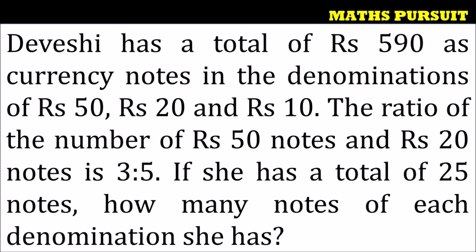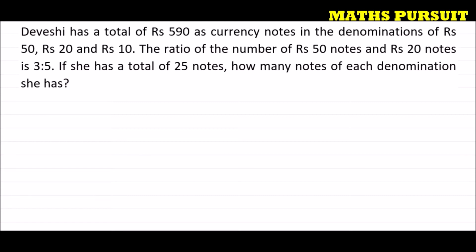So guys, let us see how we can answer this question. The question is telling us that Deveshi has a total of rupees 590 as currency notes in the denominations of rupees 50, rupees 20 and rupees 10. So let us note down the things that we understand from the question.